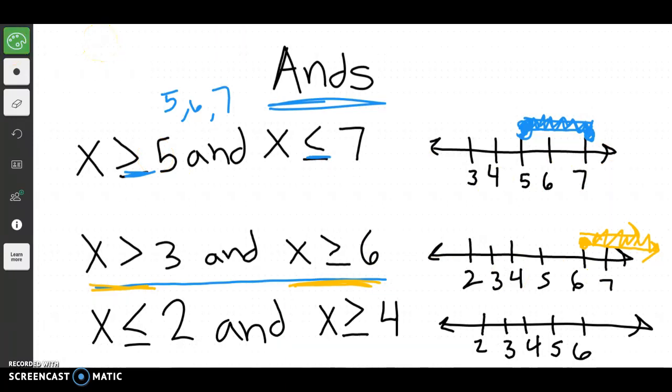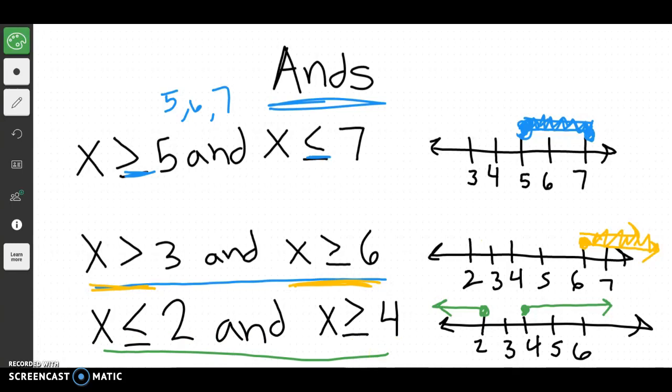For this one, we would have x is less than or equal to 2. So that would go this way. And x is greater than or equal to 4. So it would go this way. Well, if you look where the overlap is, there is no overlap. And if you read this statement, it doesn't make much sense.